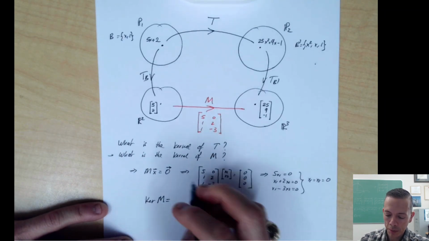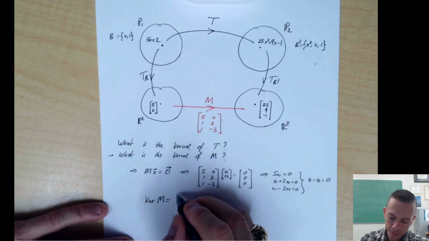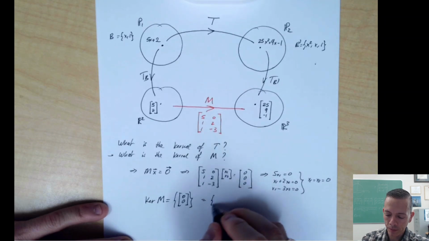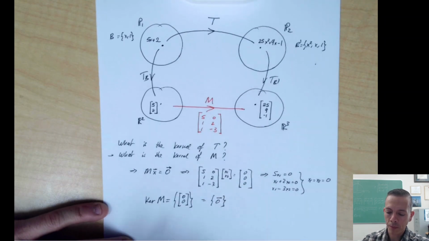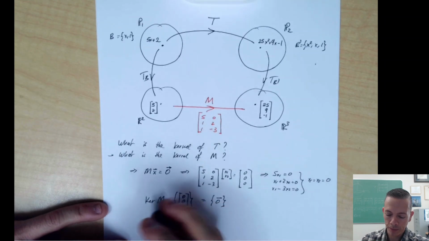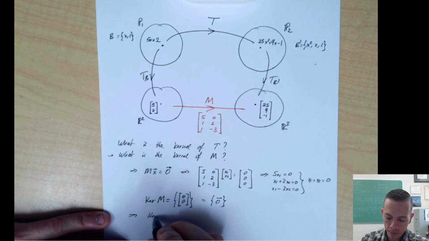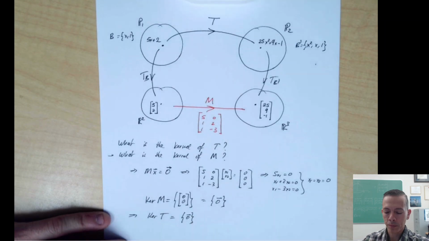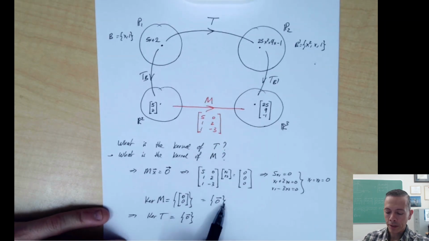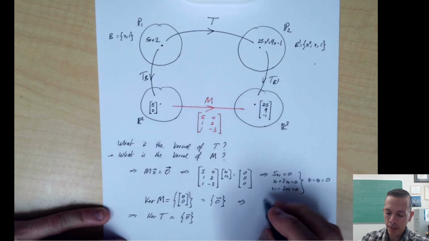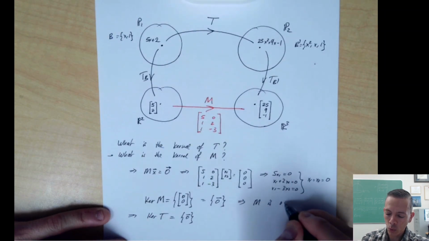So the kernel of this matrix is the 0 vector. That means that the kernel of T is also the 0 vector. So the fact that the kernel of M is 0 means that the transformation M is 1 to 1.